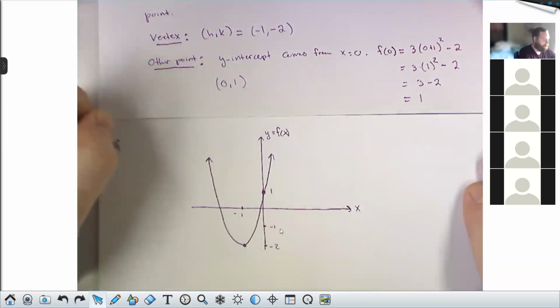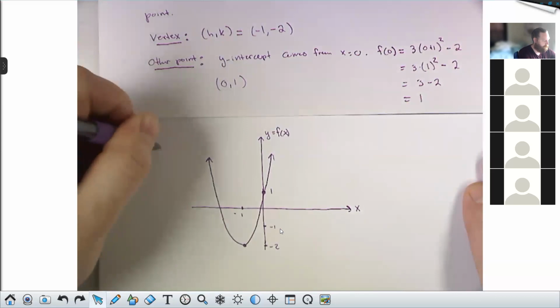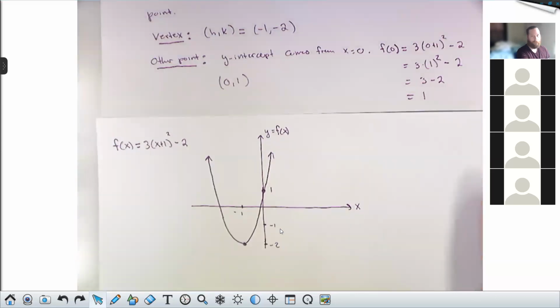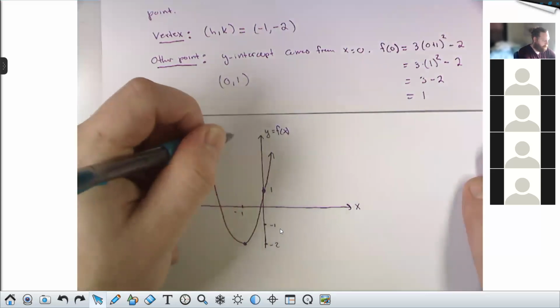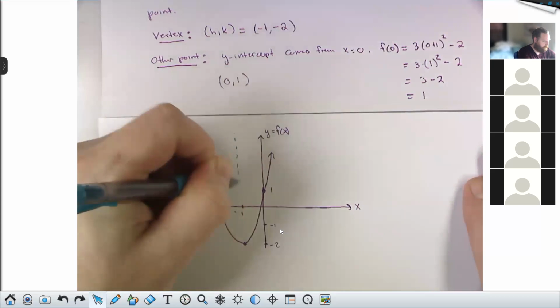Maybe I'll write that vertex form over here again, just so we have it. That's 3 times x plus 1 squared minus 2. Okay. There are some other features here that I want to talk about.